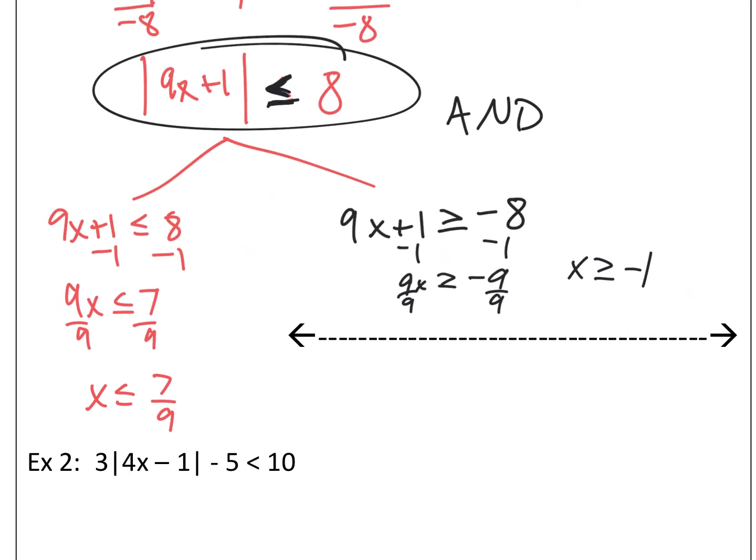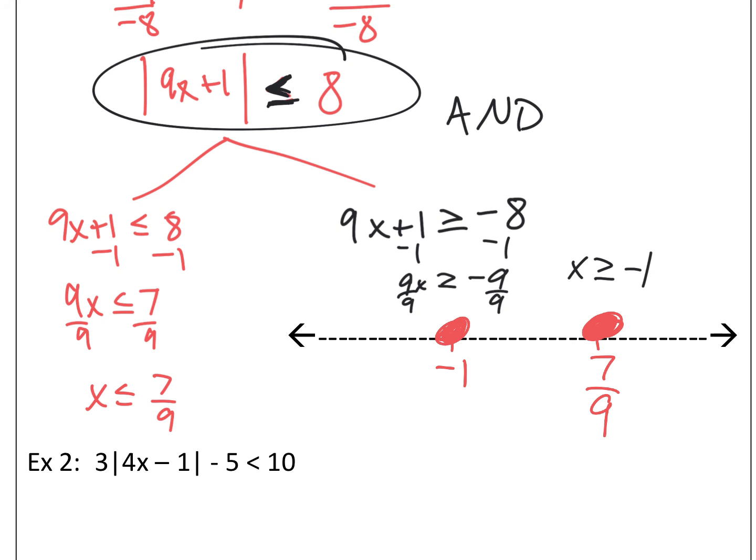Put those two things on a number line. Which one comes first? The -1 comes first because it's negative. What type of circles? And it's an and function, so we're graphing above the line, right?